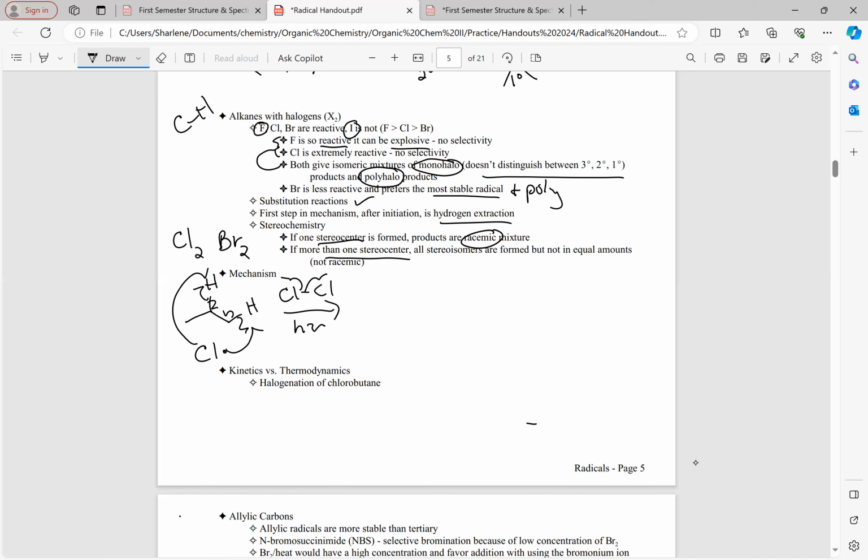So let's look at our two possibilities. We could have this, and we could have that. All right, this one is secondary, this one is primary, but chlorine is not selective, so it's going to create both of those. And then there are still more chlorine radicals floating around, and it is going to terminate and attach to the carbon chain.